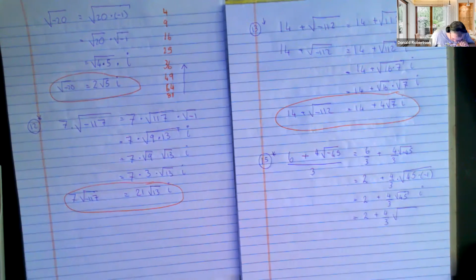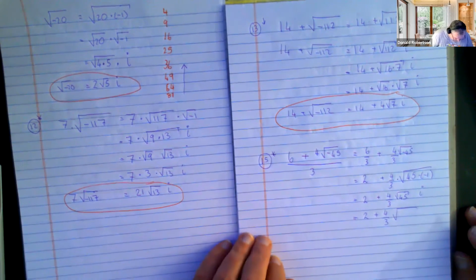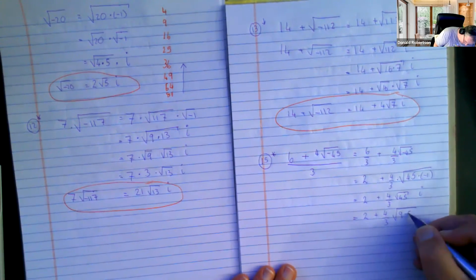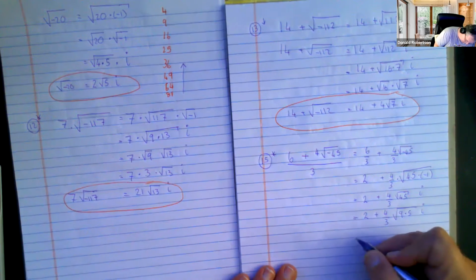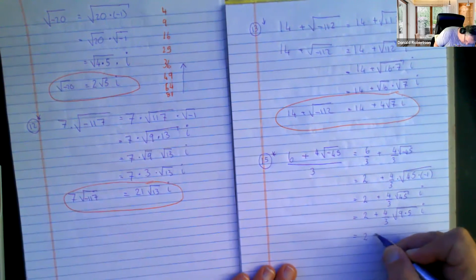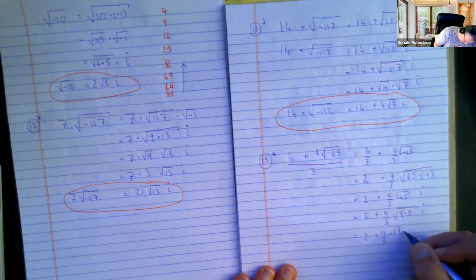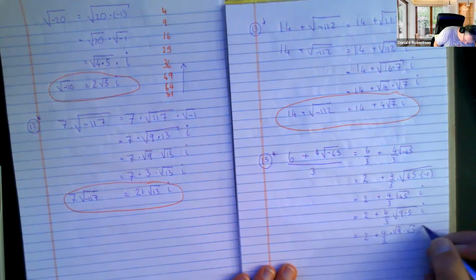Now I'm looking for factors of 45. The best one actually ends up being 9. So it's 9 times 5, i. So it's 2 plus 4/3 times the square root of 9 times the square root of 5, i.